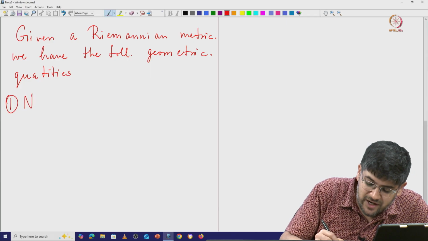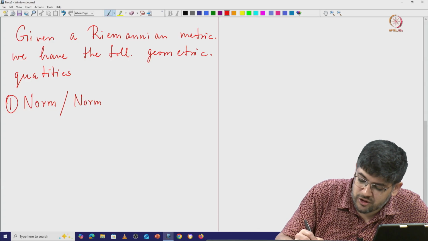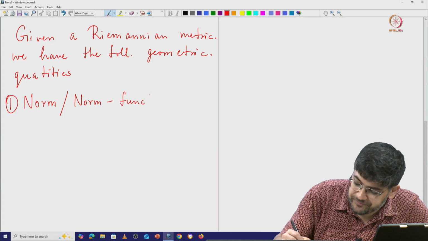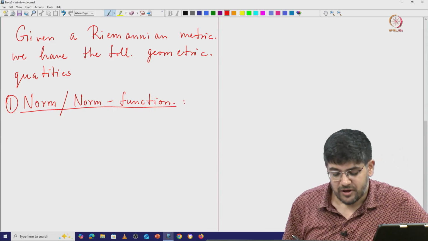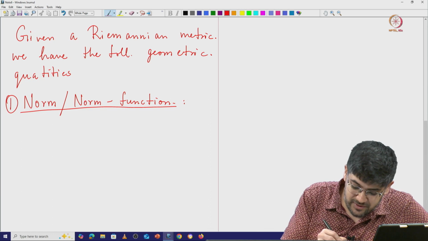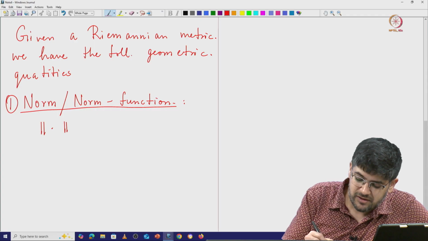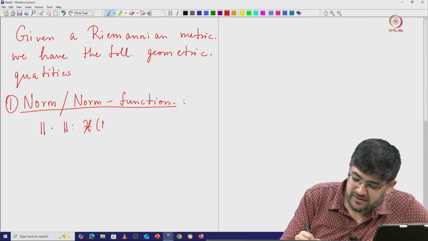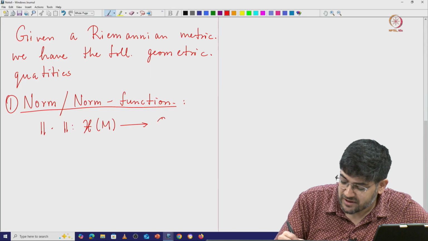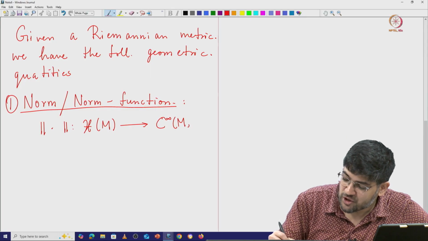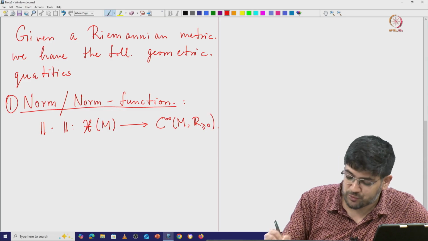So firstly we can define a norm or a norm function. What is the norm function? The norm function will basically take in a vector field and spit out a positive smooth function, or a non-negative smooth function.